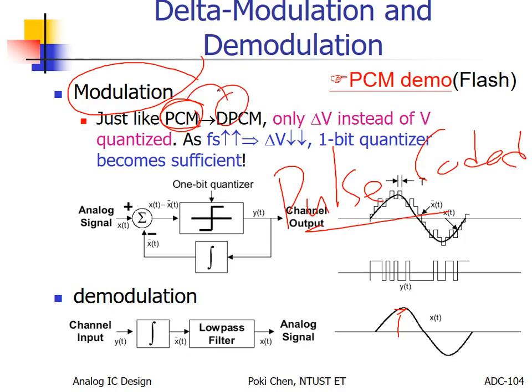Then go for delta PCM, delta pulse-coded modulation: we only code the difference instead of the magnitude itself. Your senior is so tall, then you are taller or shorter than him, right? We only code the difference.